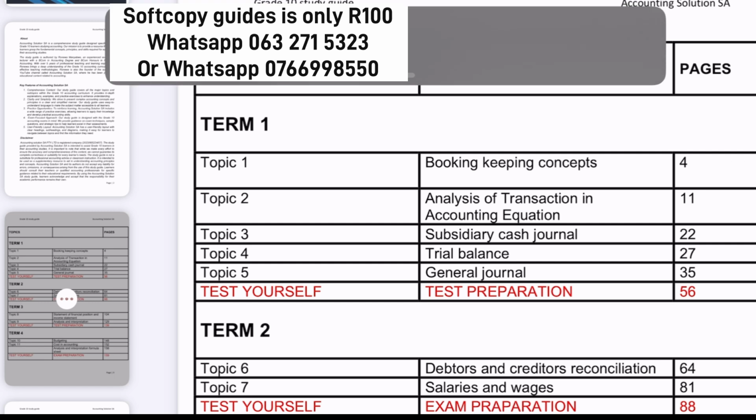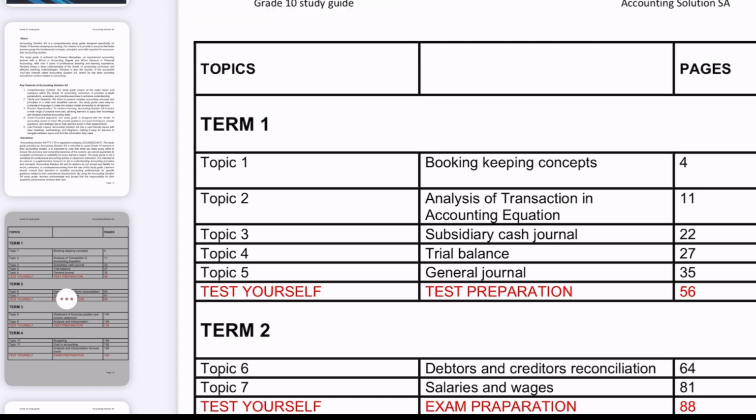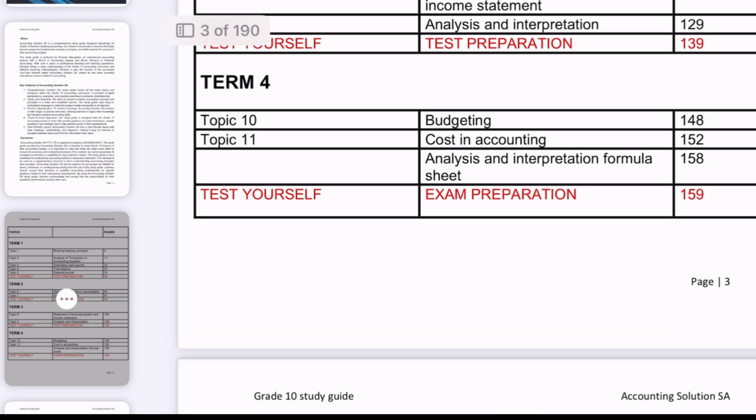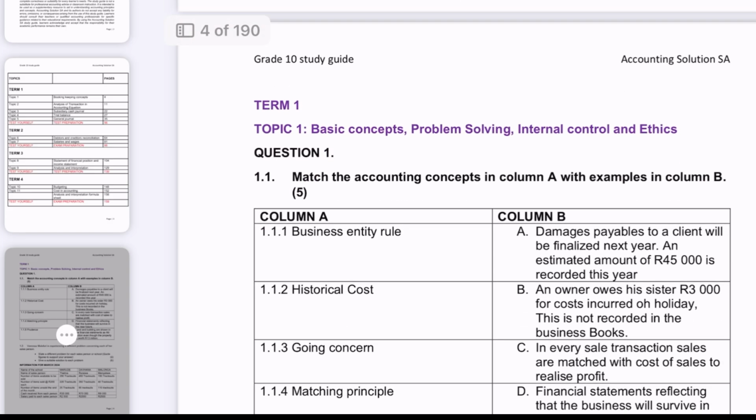We have almost 5 topics for term 1, from page 4 up to page 35. Basically these are the questions and answer book and solution. We also have test yourself, which is test preparation for March. Then we have term 2, term 3, and term 4. All of them are here.